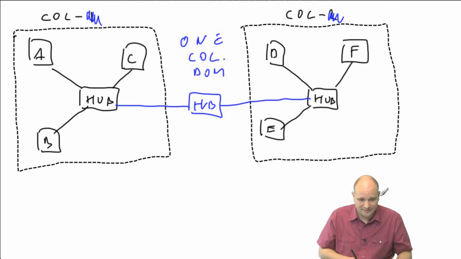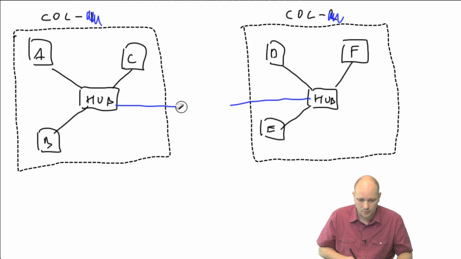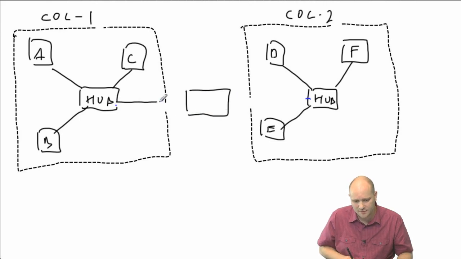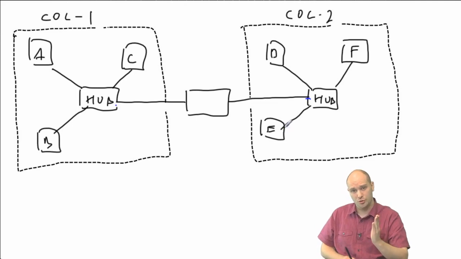But what we can do instead of using one collision domain like this, let me just clean this up a little bit. Collision 1, collision 2. If we had some sort of a device that could interconnect these two collision domains without passing the collisions across, we could have more bandwidth available overall in our network than if we had this as a single collision domain.